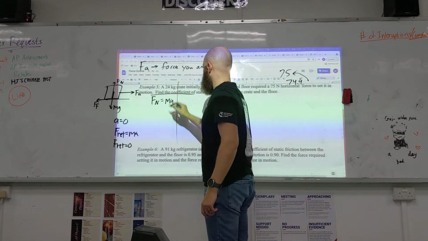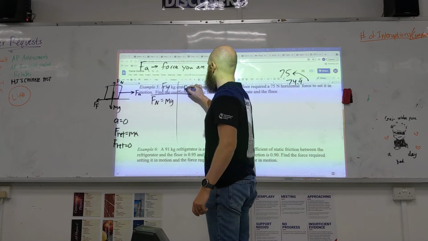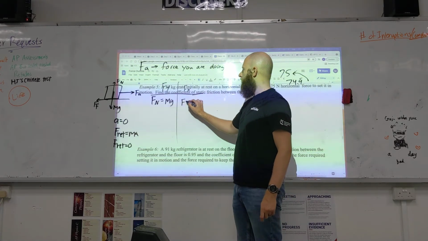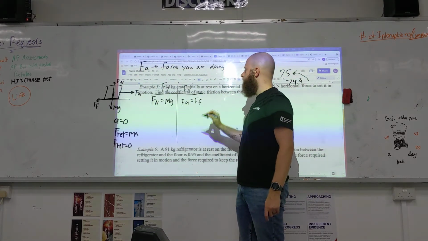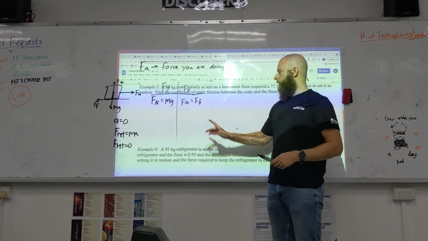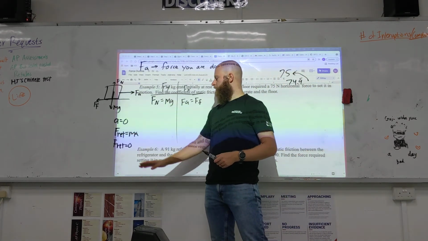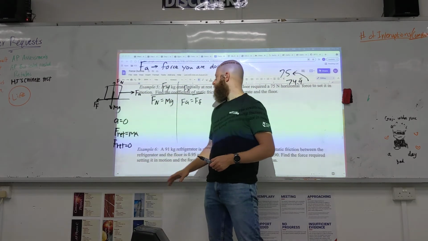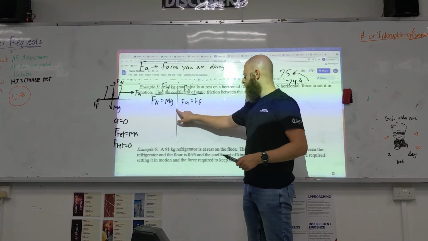I'll make a chart here. This is my Fy, this is my Fx, and I also know that Fa is equal to Ff. Because my acceleration is 0, my F net is 0, so all these forces have to cancel out. So I've got two equations here.